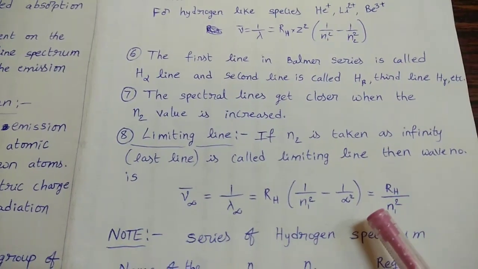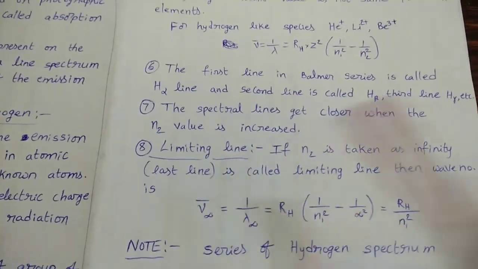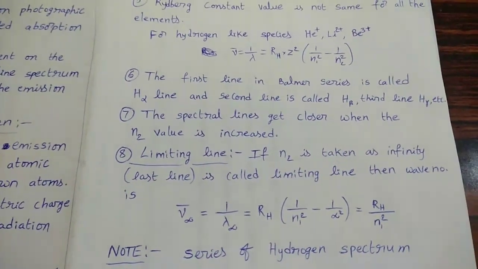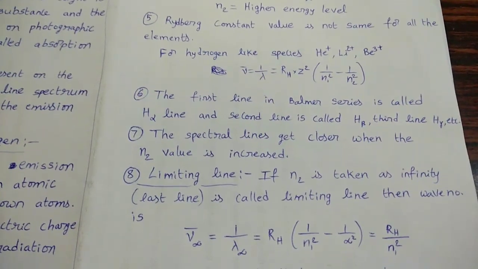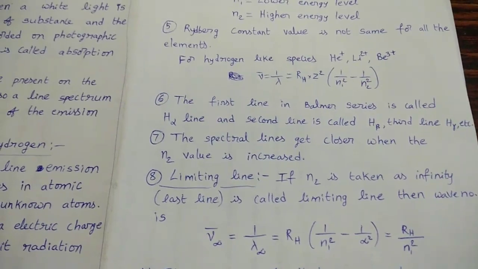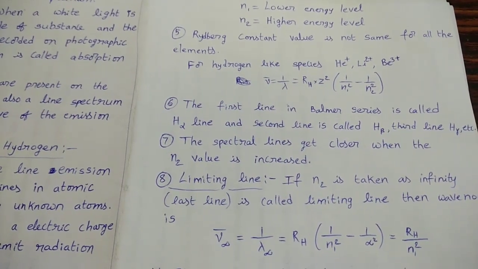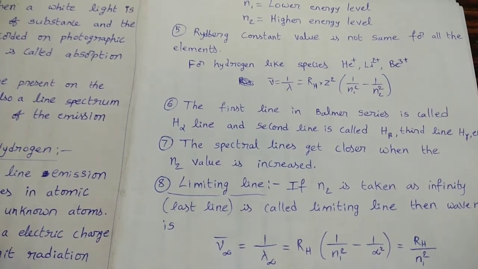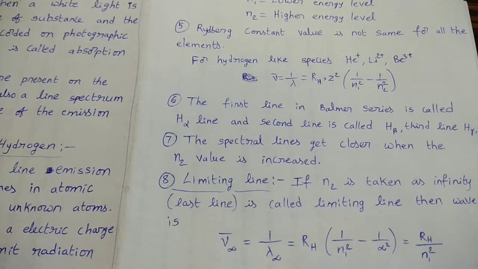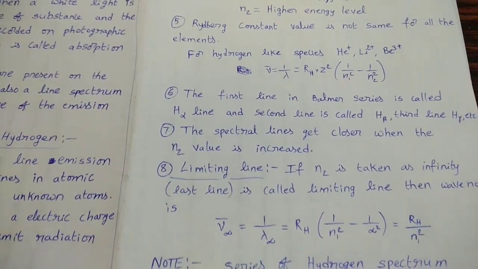So finally we get RH divided by N1 square. Remember this limiting line. Generally they may ask a question, what is the wave number for limiting line of Balmer series, Paschen series or Lyman series? Suppose wave number of limiting line in Lyman series means N1 equal to 1, N2 equal to infinity. By using Rydberg equation, we can get the answer.